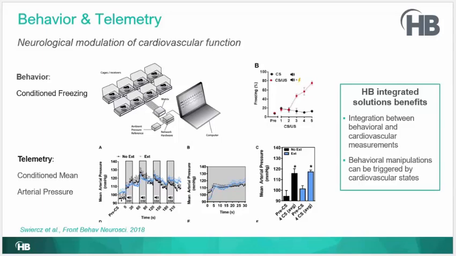As the animals learn, they freeze a lot more in response to the tone. On the bottom, you have data from the DSI telemetry, and you can see conditioned mean arterial pressure, and that there are changes in conditioned mean arterial pressure in response to the tone as well. So it demonstrates that you have multiple measures of conditioned learning here.